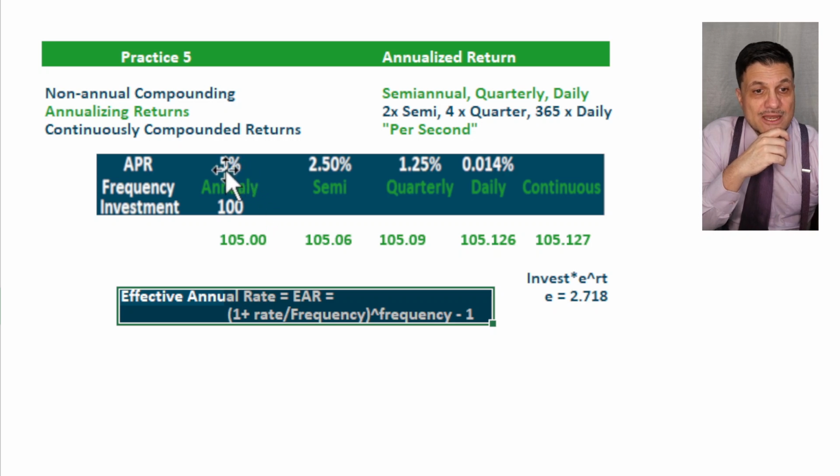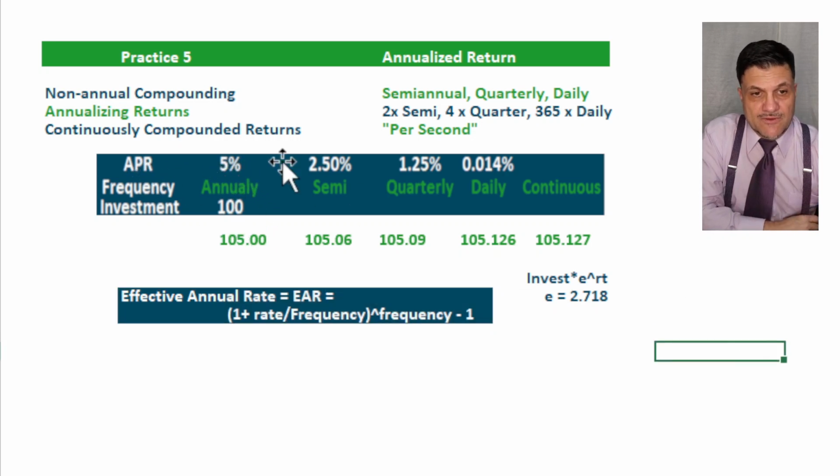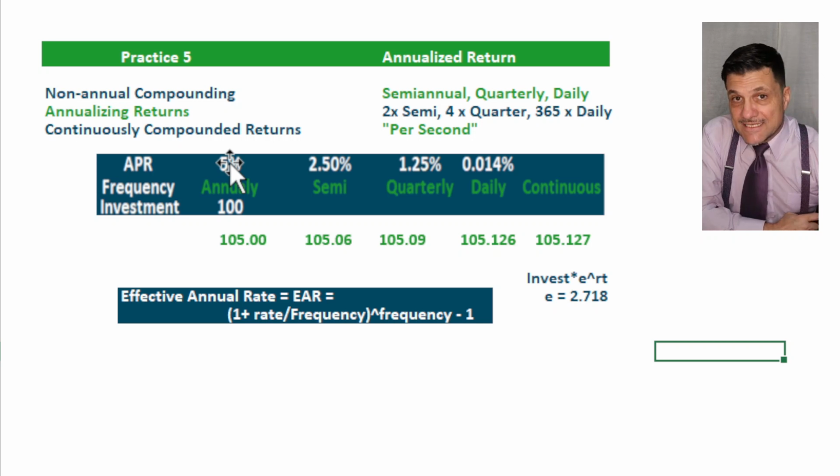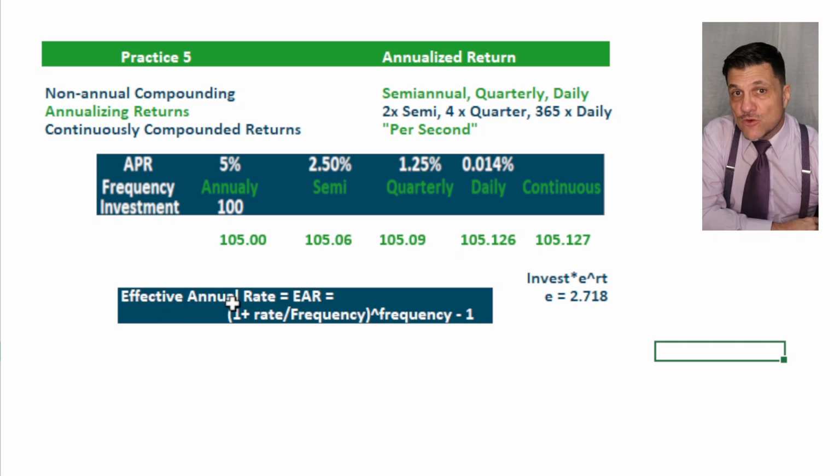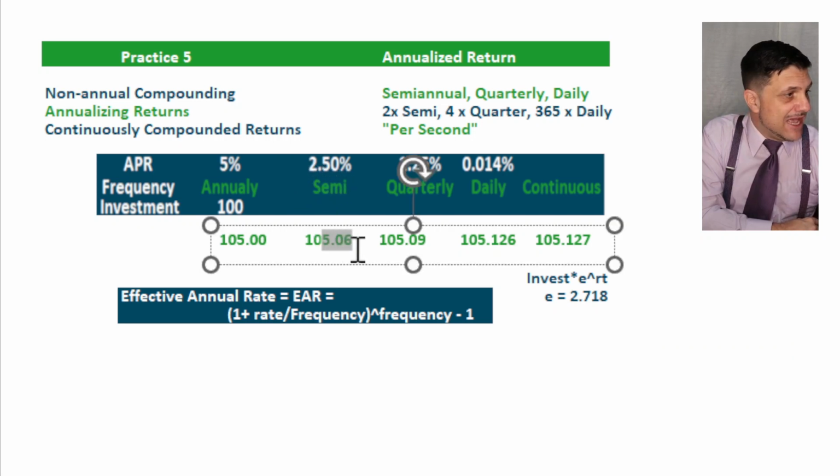So what is the annual rate? 5, in my example, 5%. What is, pay attention now, the effective annual rate of an annual rate of 5% compounded semi-annually? It's 5.06%.